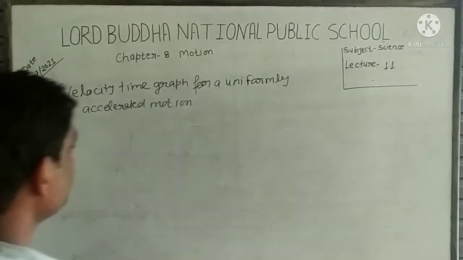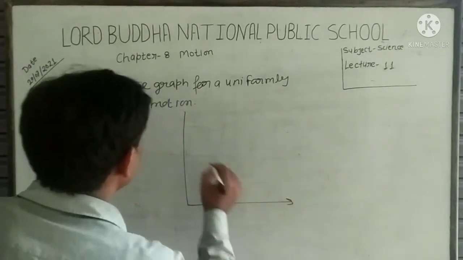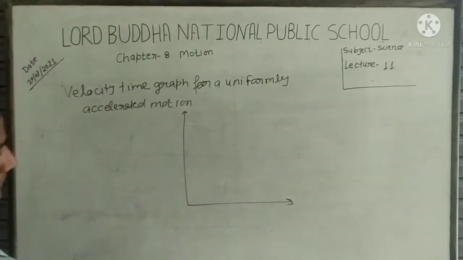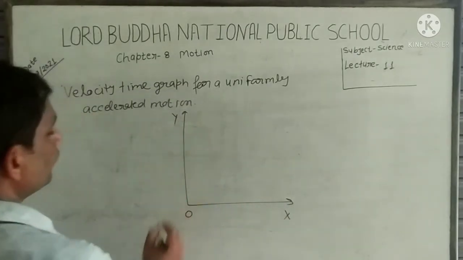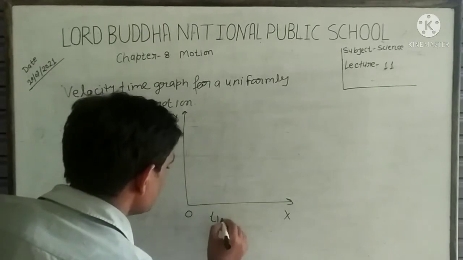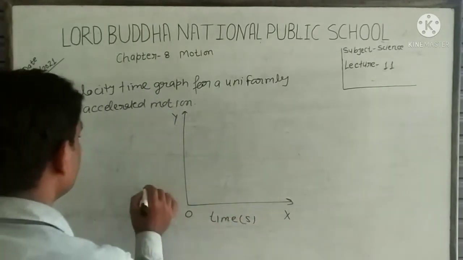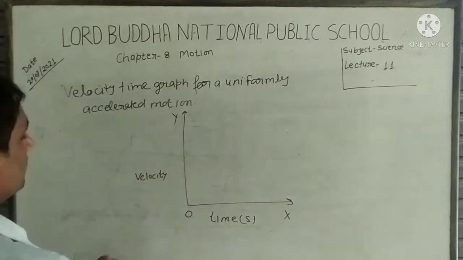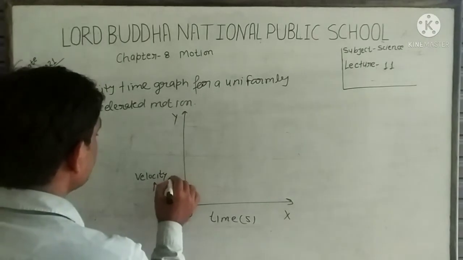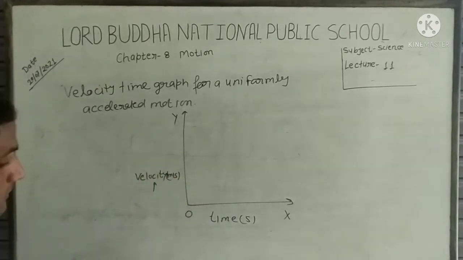Okay. Now we take two axes x and y. We take time at x axis, time in second, and velocity in meter per second at y axis. Clear?